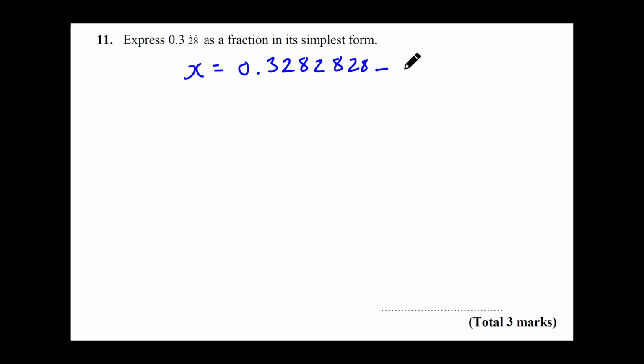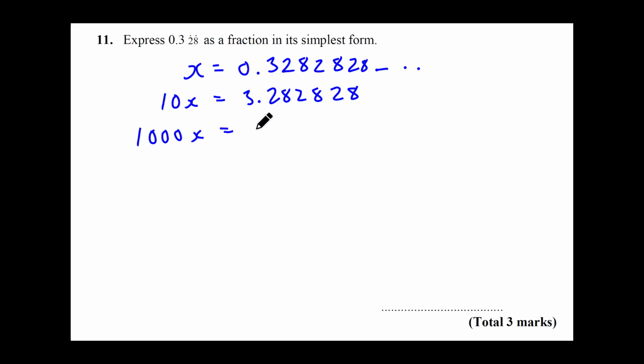0.3282828 repeating. So I want the 2 and 8 to repeat, so I'm going to times it by 10 to get 3.282828. You see the numbers aren't lined up, so again we're going to multiply by 1000 to get 1000x.